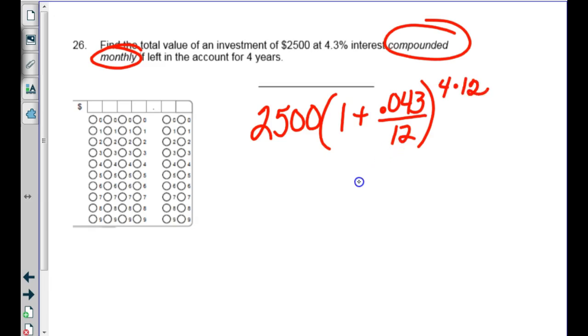You will have your sheet, but it is just a compound interest question. If I type that in real fast, I got 2968.28. Did anyone else get that? 2968.28. The decimal is there so that you remember to round to hundreds. And then you'd bubble. I don't need to show you how to bubble, right?